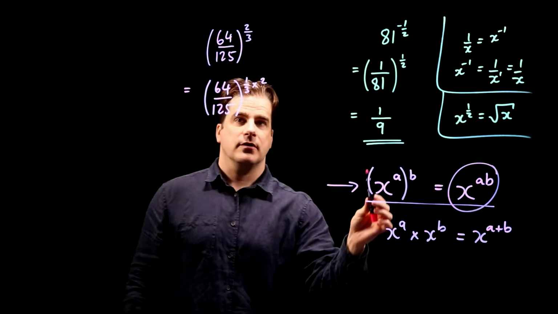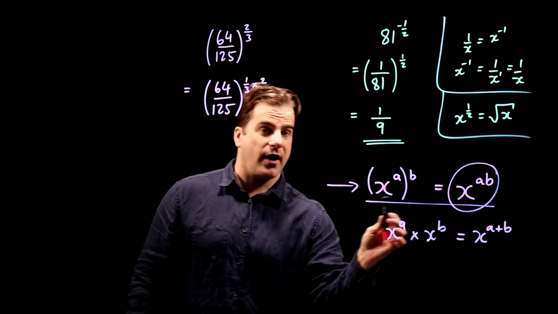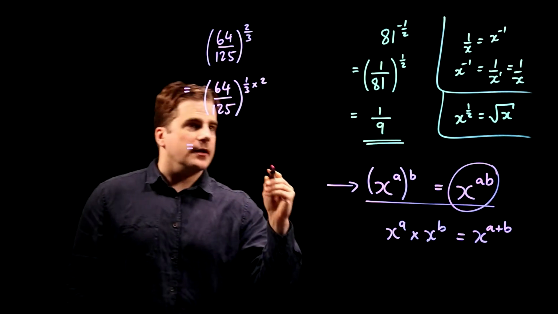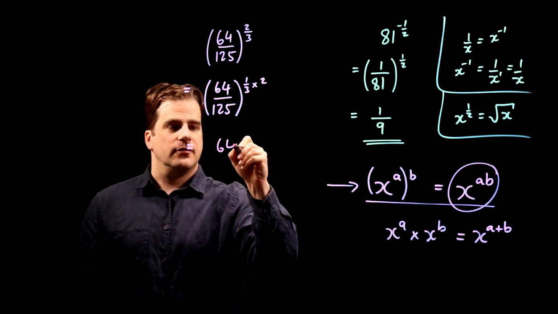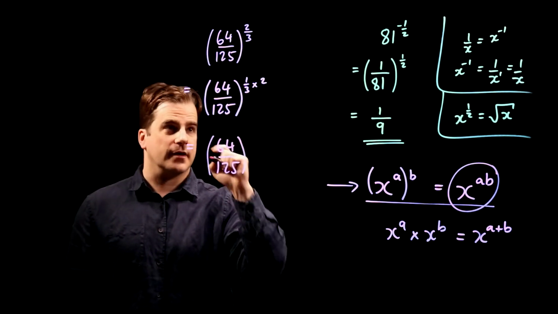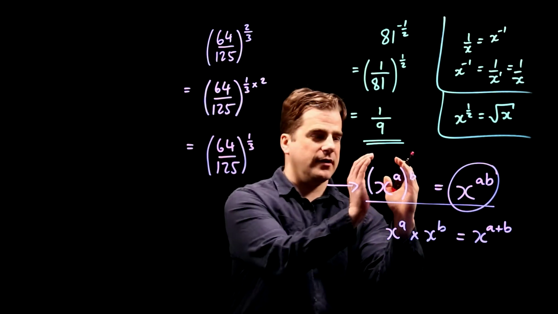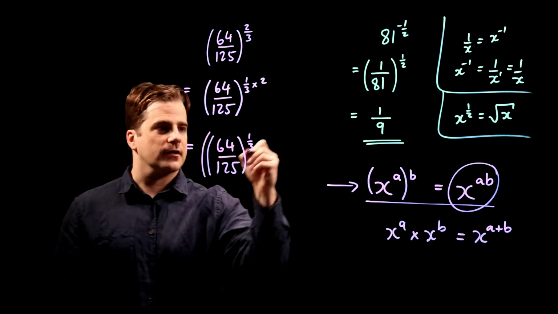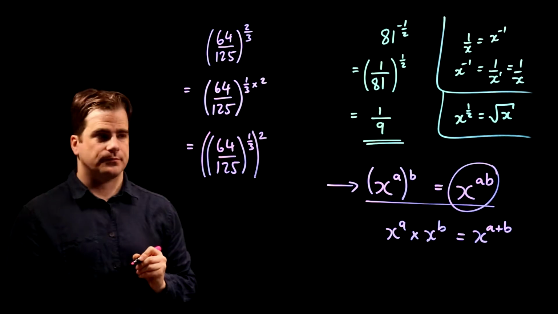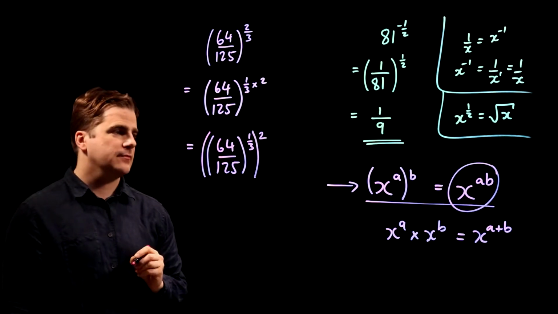We're going to introduce another bracket, so it becomes 64 over 125 to the power of a third. Now we're introducing another bracket, squared, like so. Make sense?